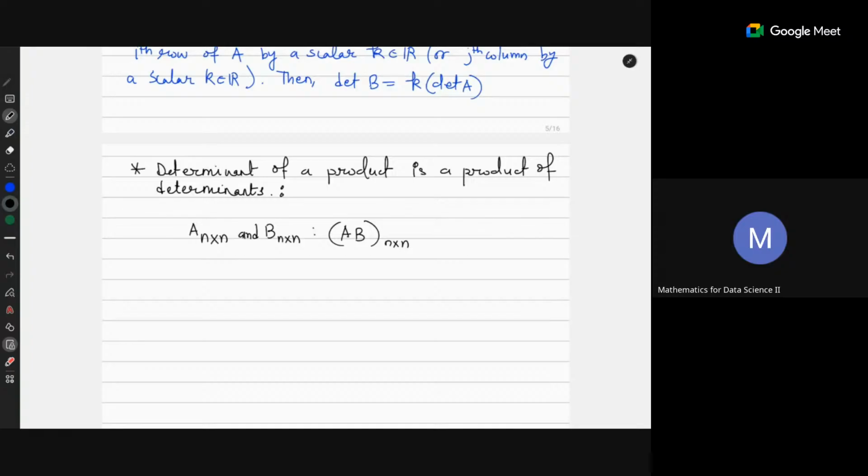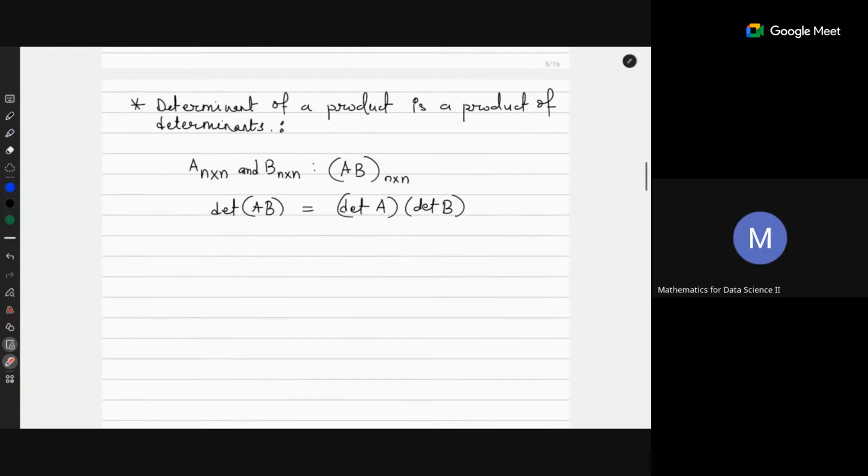So the determinant of A times B is nothing but the determinant of A times the determinant of B. So when you multiply two matrices, the determinant of the product is equal to the product of the determinants. All right.